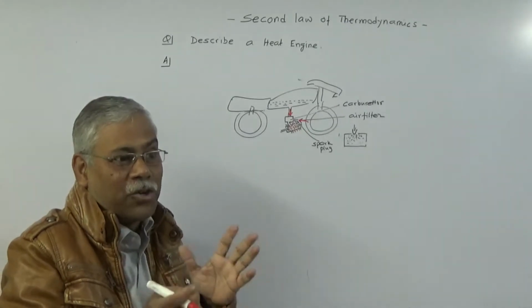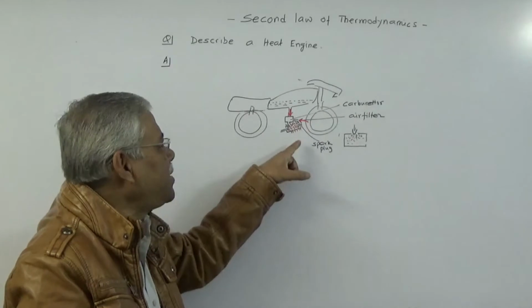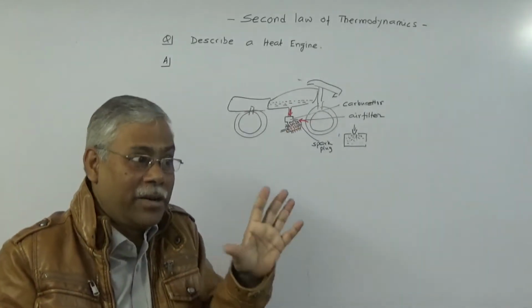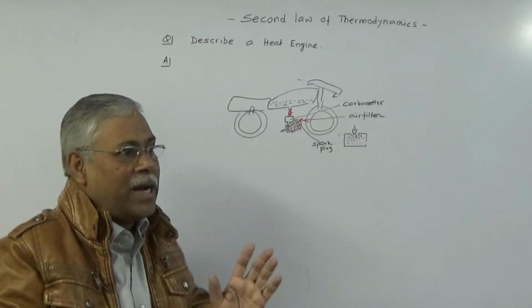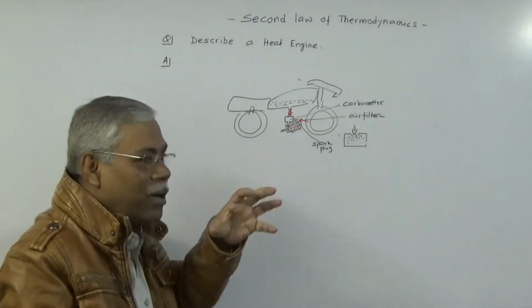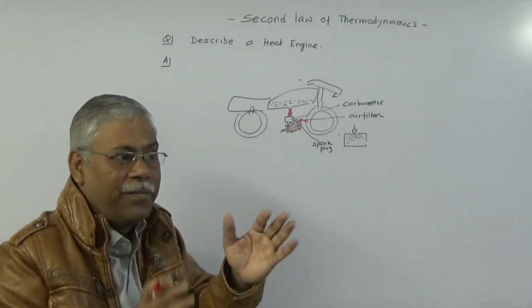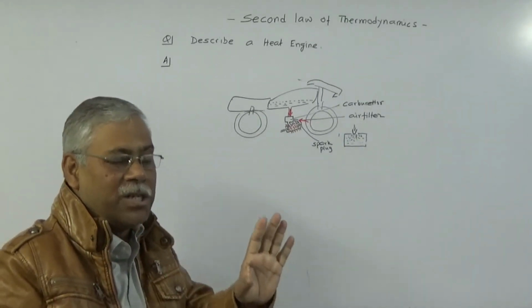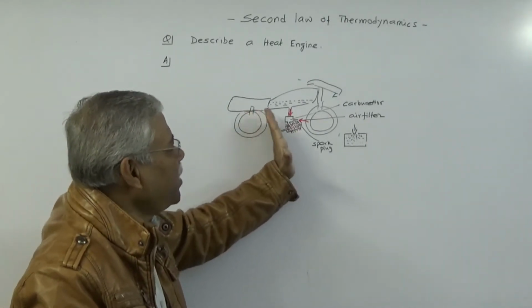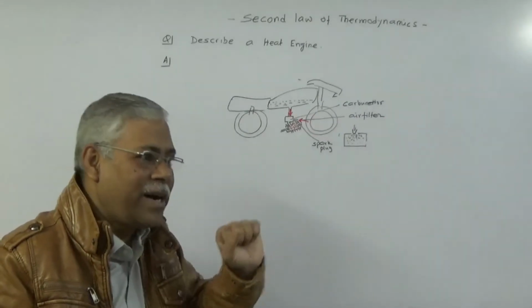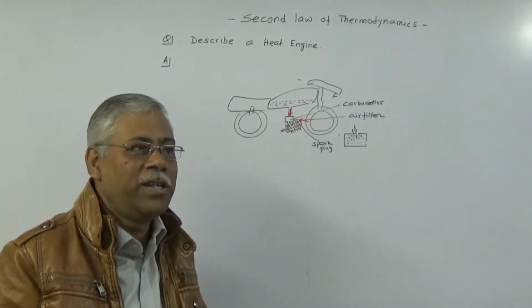Now that petrol and air mixture is compressed, and at the instant when the compression is adequate, not maximum, because maximum compression will not give you the result that you desire, and the power output will not be that much. When the compression is adequate, right at that instant, a tiny spark will be produced in the spark plug.